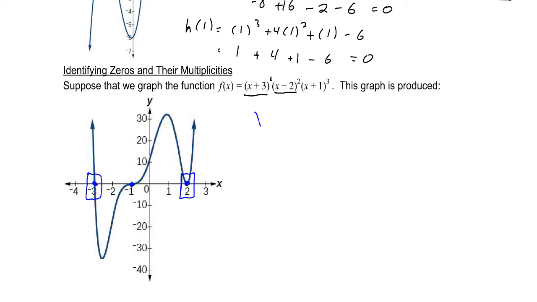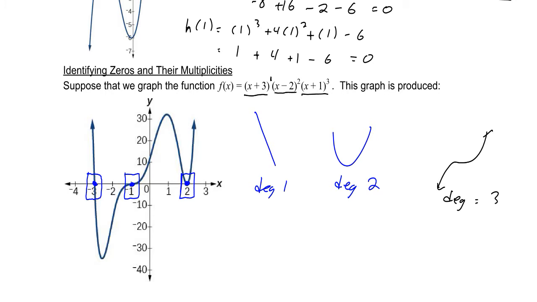So degree 1, degree 2, and our last point, -1, that solution. If we inspect around that point, then that appears to be cubic, which is a degree 3.